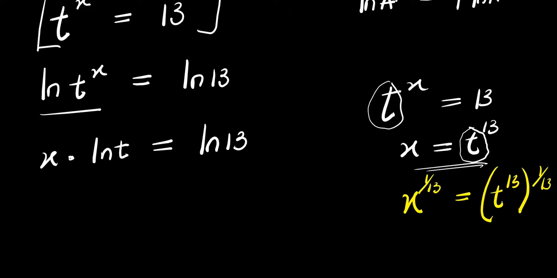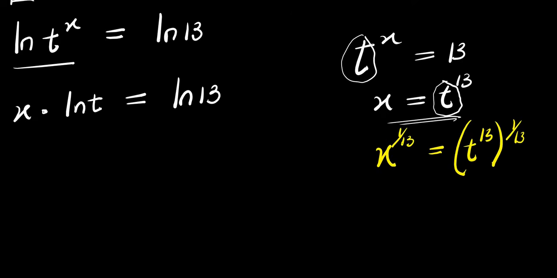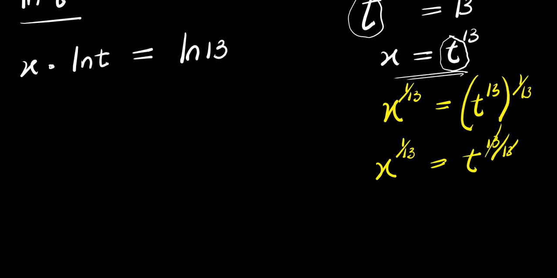So from here, I will simply have x to the power of 1/13 equals t power 13 times 1. That is 13 divided by 13, and 13 cancel 13. That means we will simply have x to the power of 1/13 equals t.